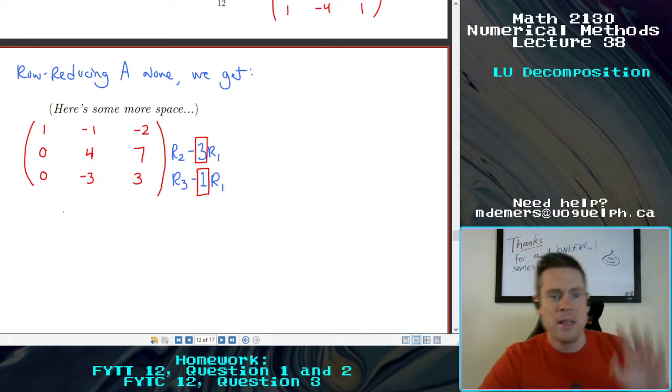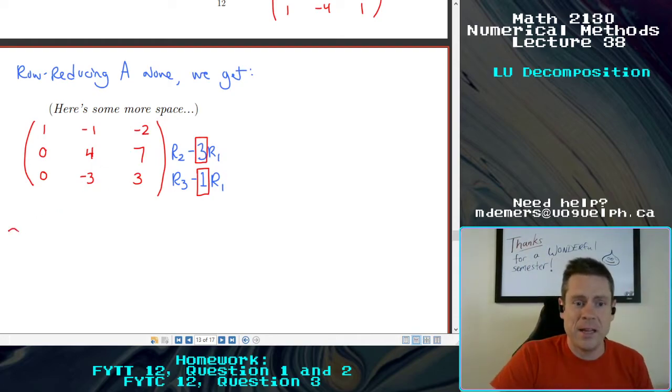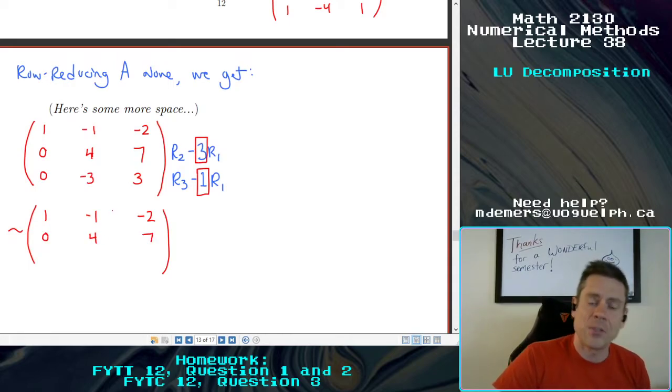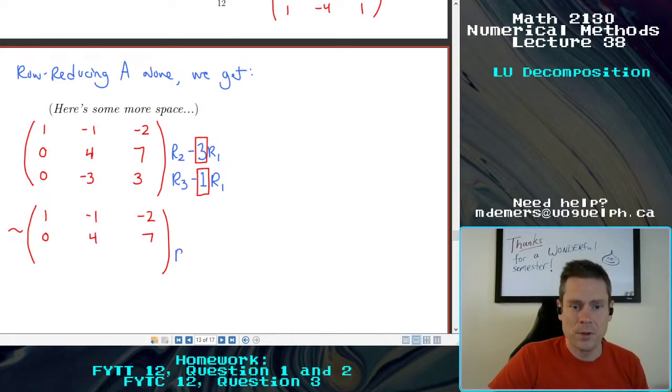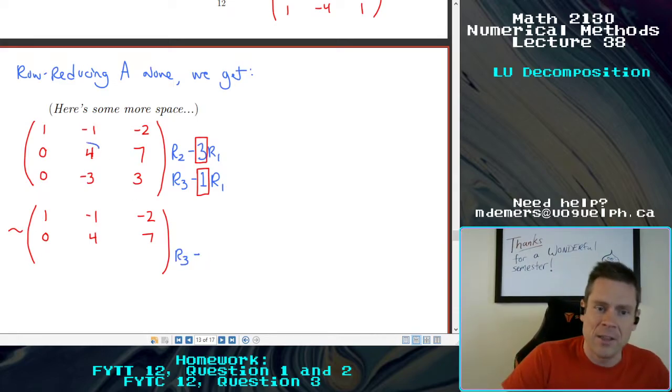So let's do that. And again, it has to be a pretty careful operation because it needs to be of a particular form. We're not touching the top row. That's good. We're not touching the second row. That's our pivot. And the third row, we're going to take, again, it needs to be the current row. So row 3, and then minus some multiple of this row.